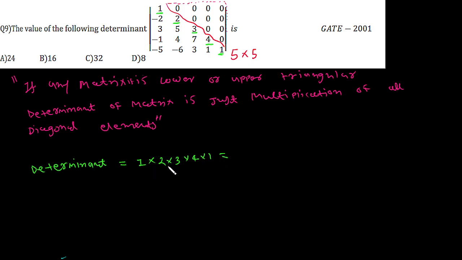Let's do the multiplication: 6 multiplied by 4 gives 24. So we have found the determinant of this 5 cross 5 matrix in a single step with the help of this property. We can also do the same for any upper triangular matrix. So here the correct answer is option A.